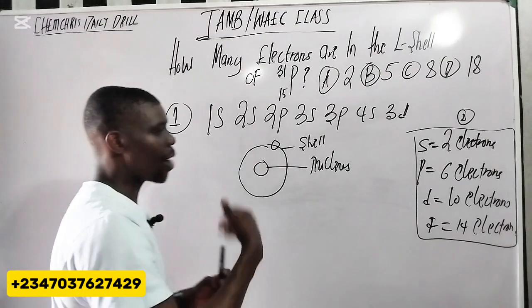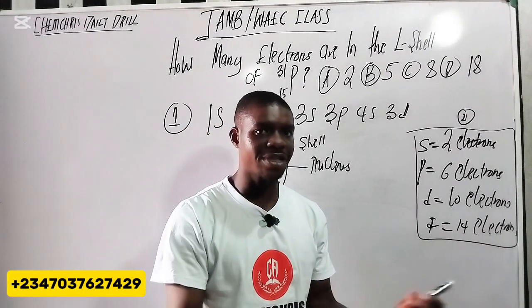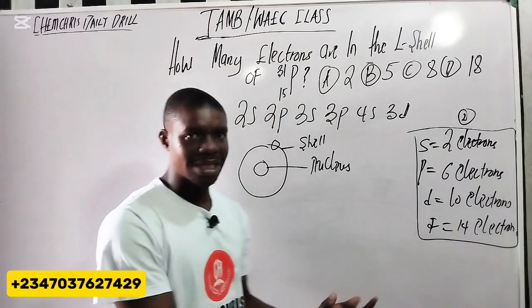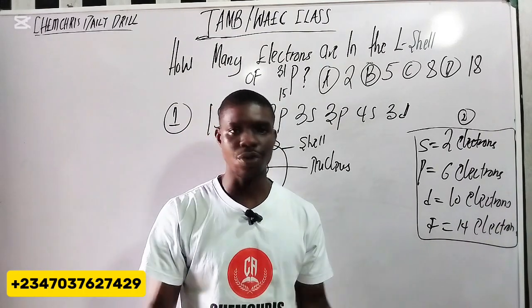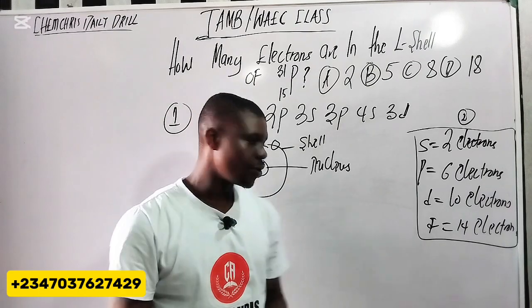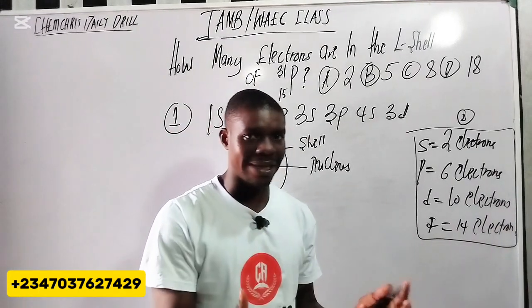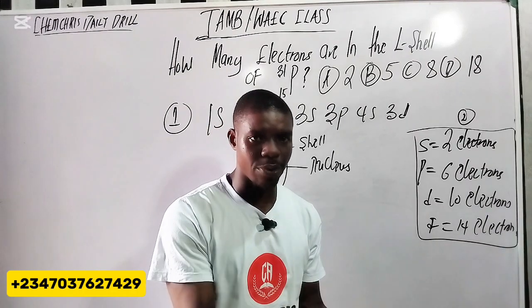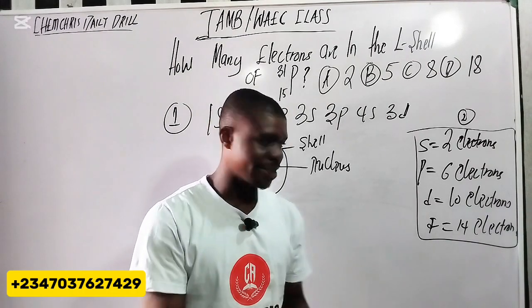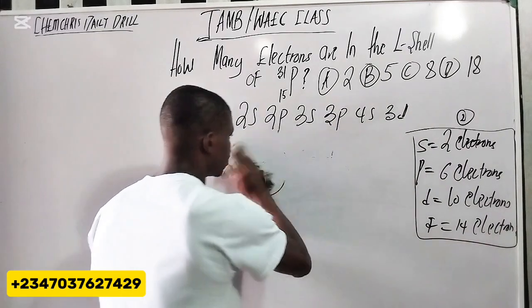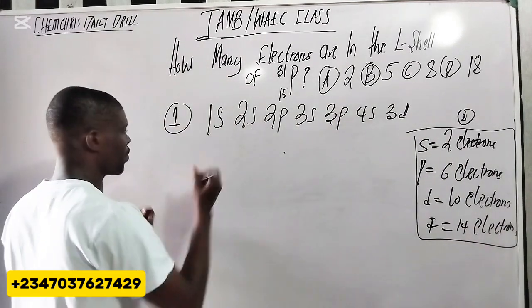Now for the shells, we have what we call the first shell, second shell, third shell, and the rest. So we have the first energy level, second energy level, third energy level, and so on, up to the 7th energy level. Those energy levels can be denoted with symbols, or with alphabets.